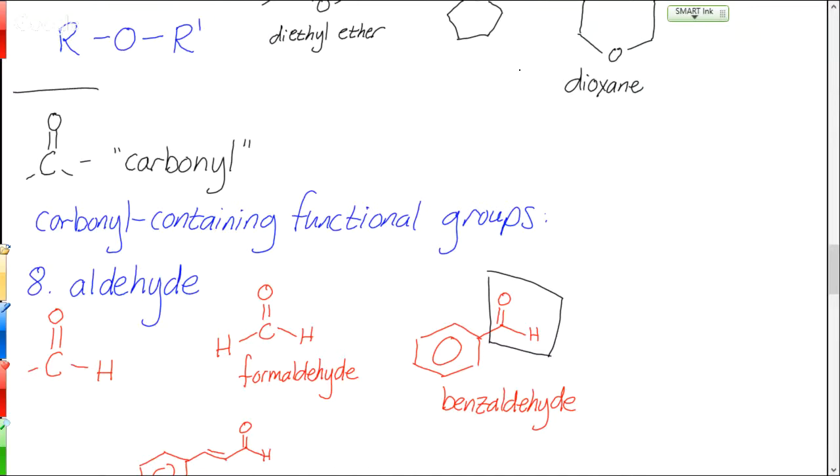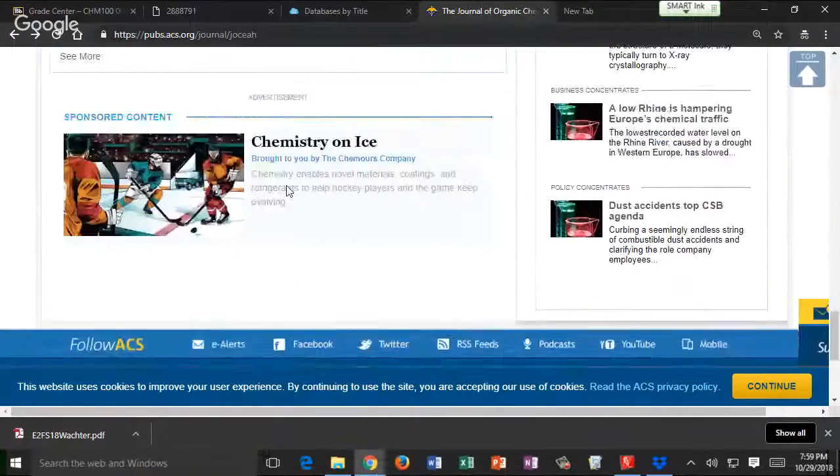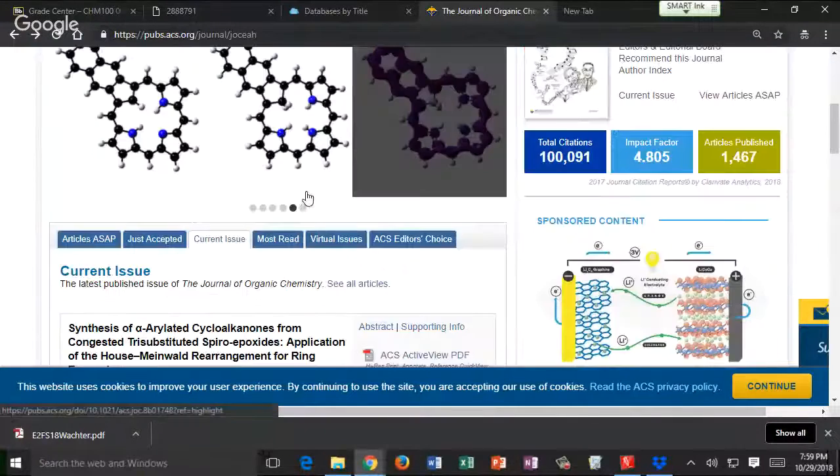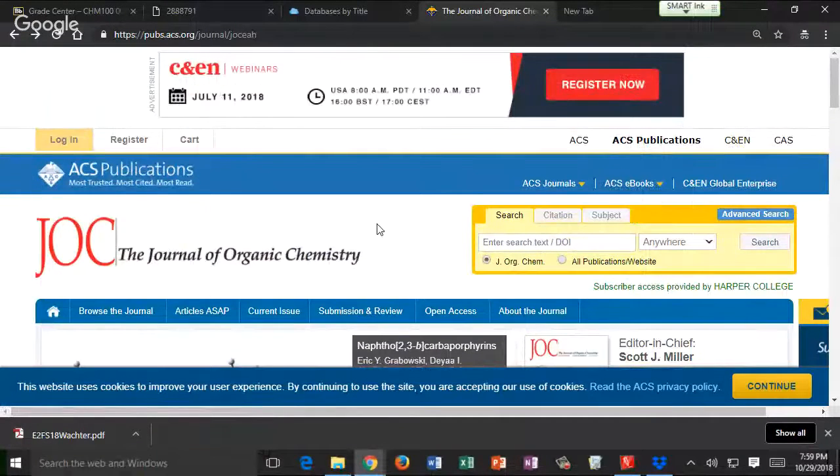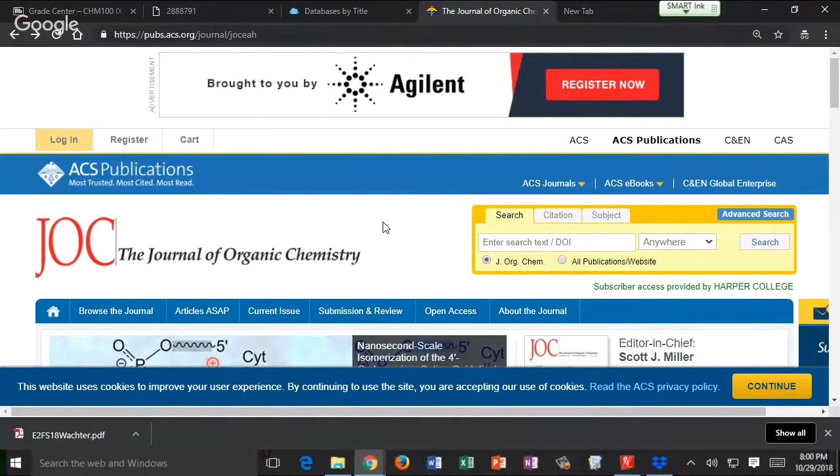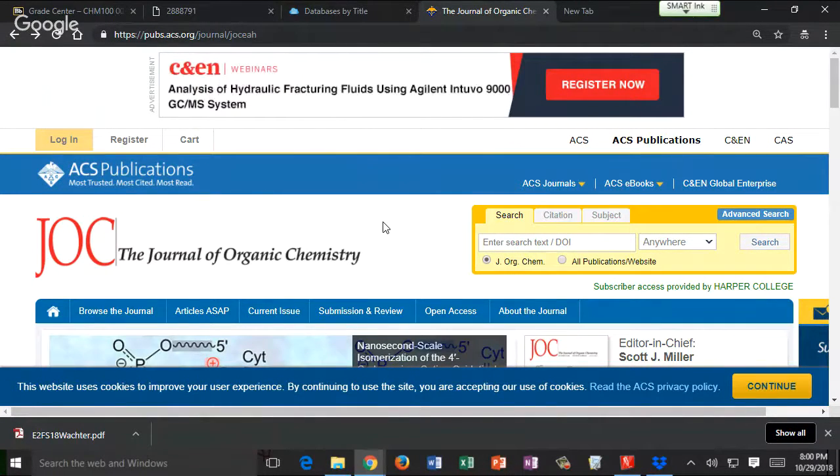Which ones are you having trouble finding? Once you see the most common ones that you found, one thing you can do is look up some of these functional groups and find some.